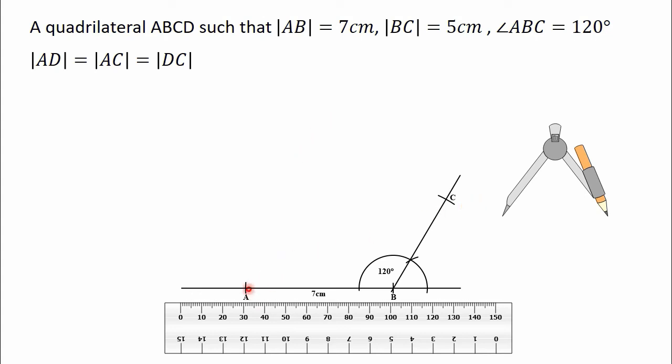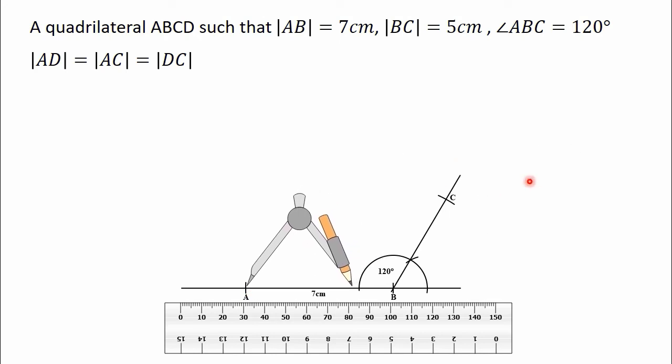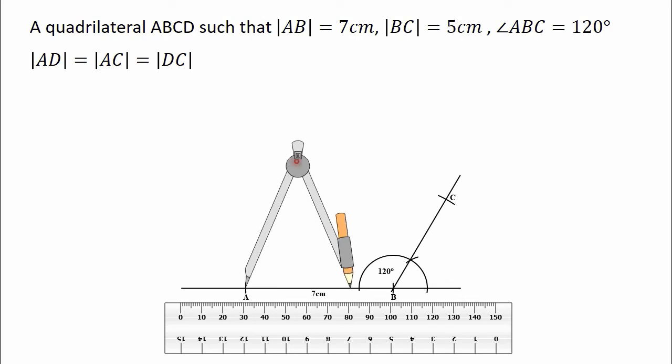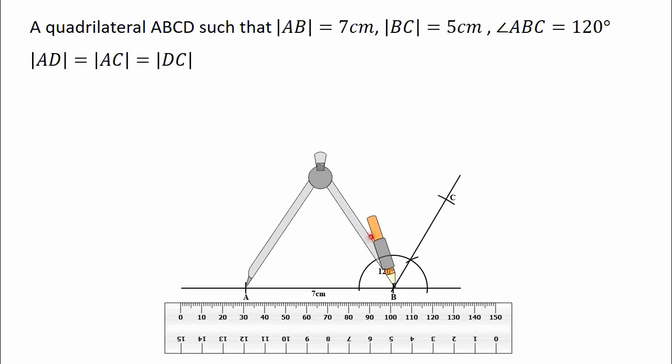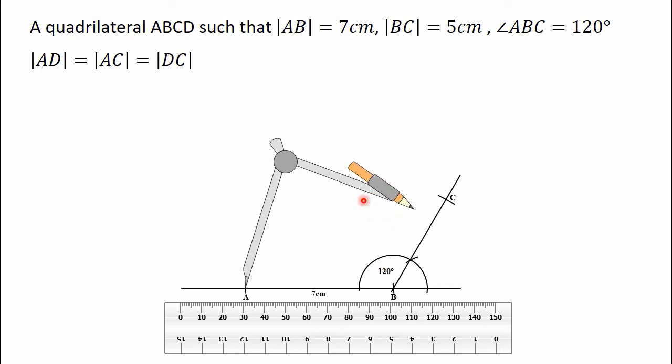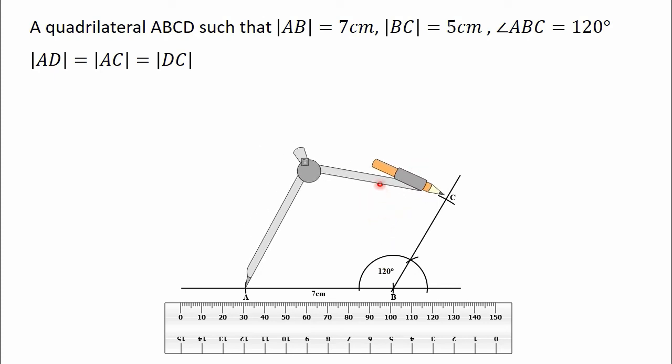We can easily get the distance from point A to point C because we know point A and we know point C. So what we will do is measure the distance between point A and point C with our compass. To do that, I'll put the needle of the compass on point A, then I'll adjust the compass a little bit and stretch the other part to point C, just as I've done here.